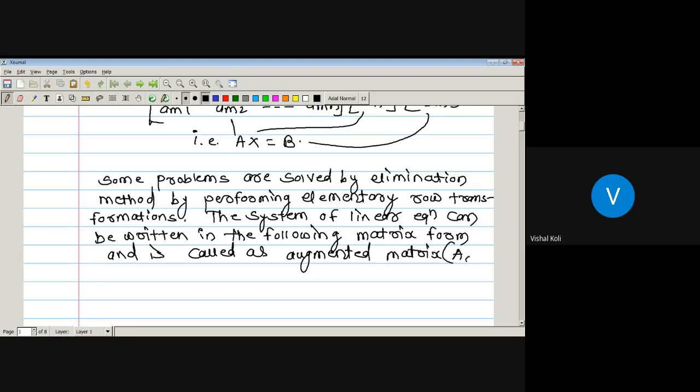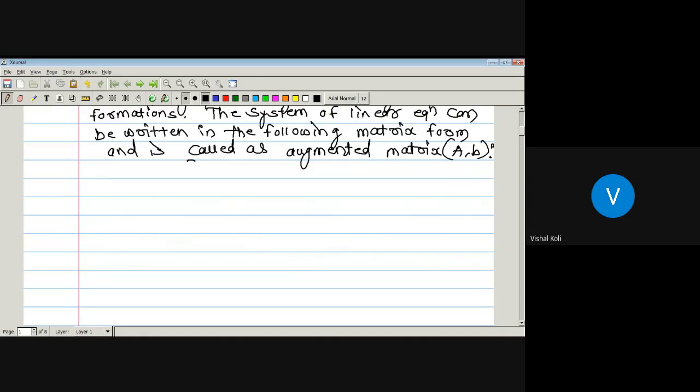Okay, this will be a symbol for our augmented matrix, and its entries are this one: a11, a12, up to so on a1n, and here we will take our entry b1.